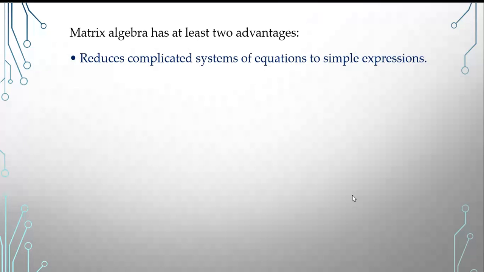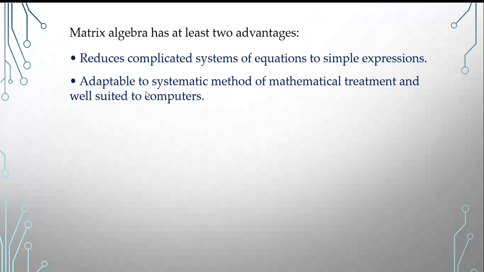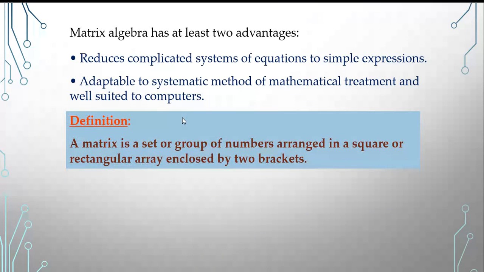Matrix algebra has at least two advantages. The first one is that it reduces complicated systems of equations to simple expressions. And the second one, it is adaptable to systematic methods of mathematical treatment and well suited for computers, right? So now what is the definition of the matrix?